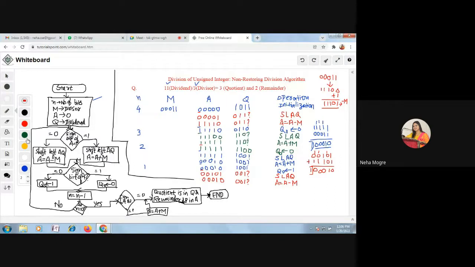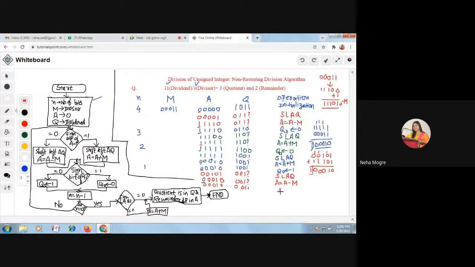A. What is sign bit of A? 0. So if it's 0, that means replace the value of Q0 by 1. Right? So we are replacing the value of Q0 by 1. So this is 0 0 0 1 0. Right? And 0 0 1 1.